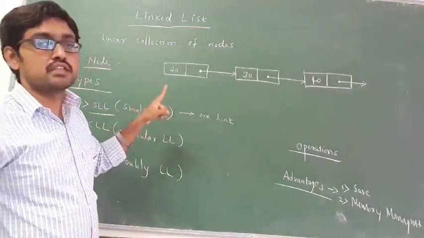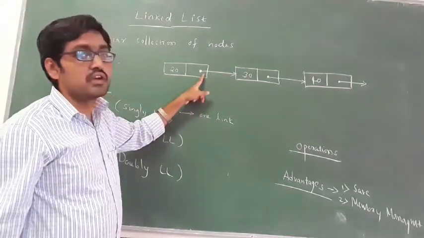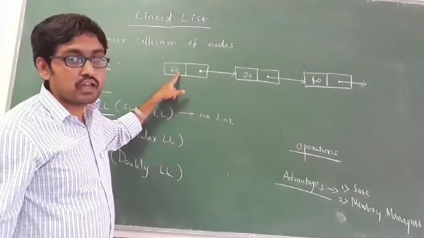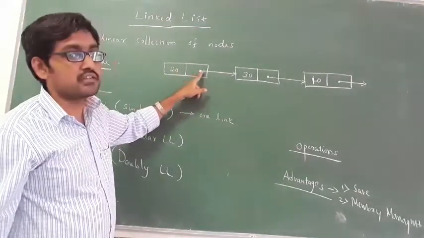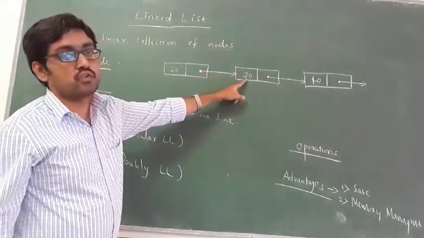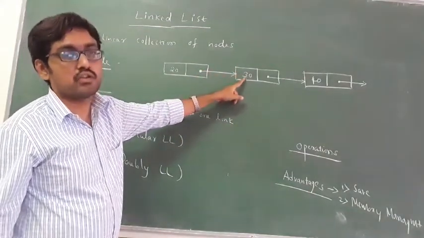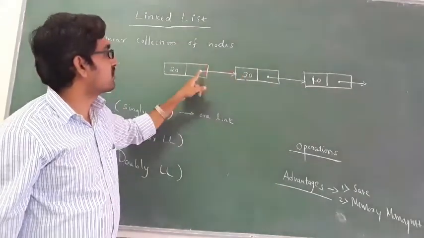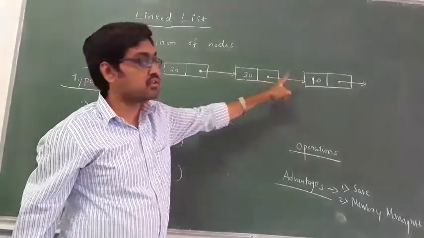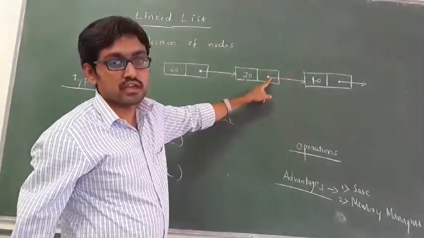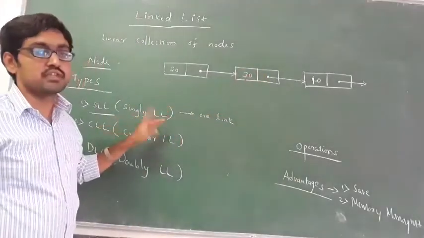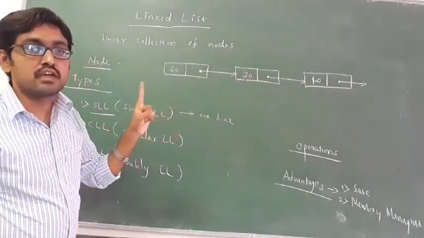The data field contains a value and the link field contains the address of the next node or next value. For example, the address of 30 is stored in this link field, and the address of 40 is stored in this link field. Okay, this is a singly linked list, which has only one single link field.